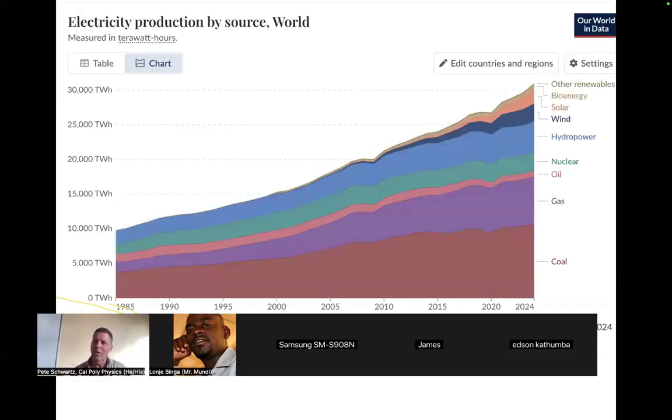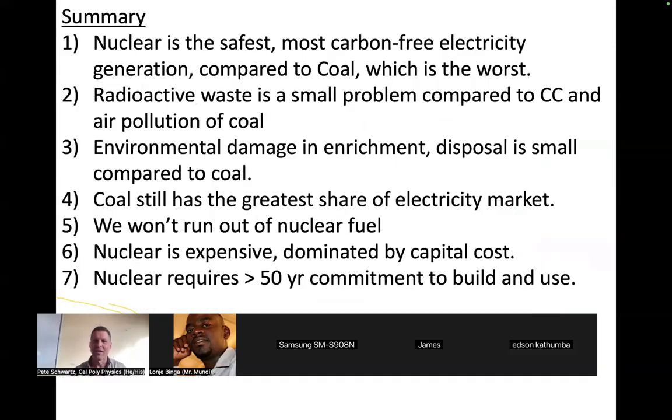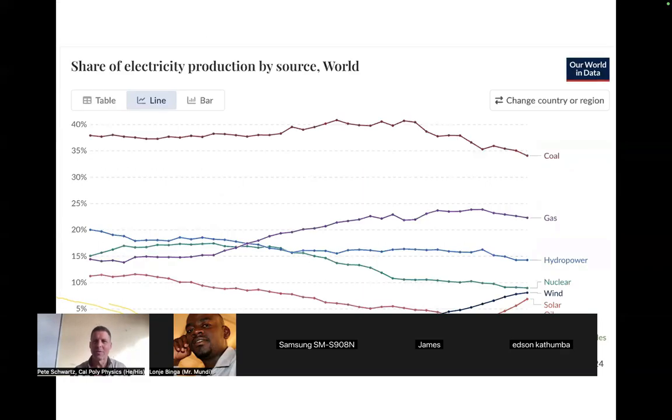How much? Well, here we go. This is the amount of electricity produced over the years from 1985 to last year. And we see coal is still growing and nuclear is not increasing very much. It's remaining relatively constant. Let's take a look at percentage-wise. Percentage-wise, coal is still king, at 35%.